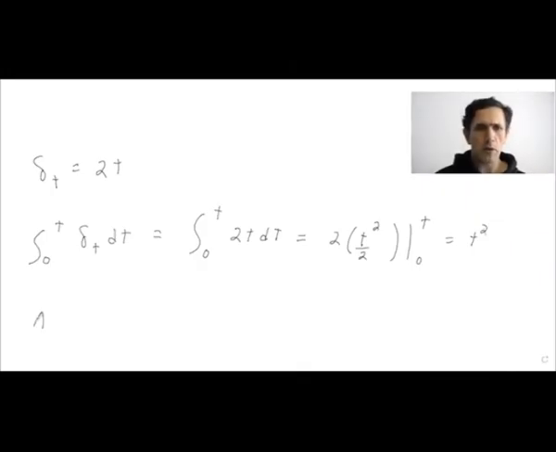So plugging into my formula, we get A of t is A naught e to the integral 0 to t delta t dt. And we just did this integral, so it's just A0 e to the t squared.